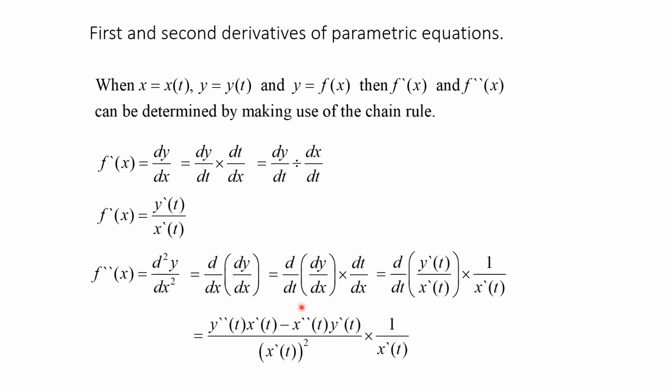So this is the formula for you to get the second derivative, which is (y″x′ − x″y′) over x′³. Yeah, you can combine the square and x′, and it will become x′ cubed.